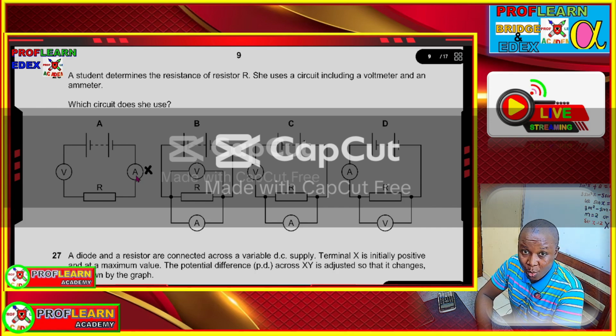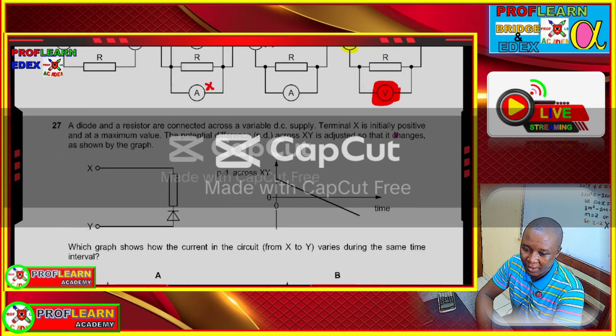So remember that one hour before the exam, that must be remembered. Moving to that, the correct answer here is D. You can see the ammeter is in series, the voltmeter is in parallel. That's exactly what they were testing at that point.